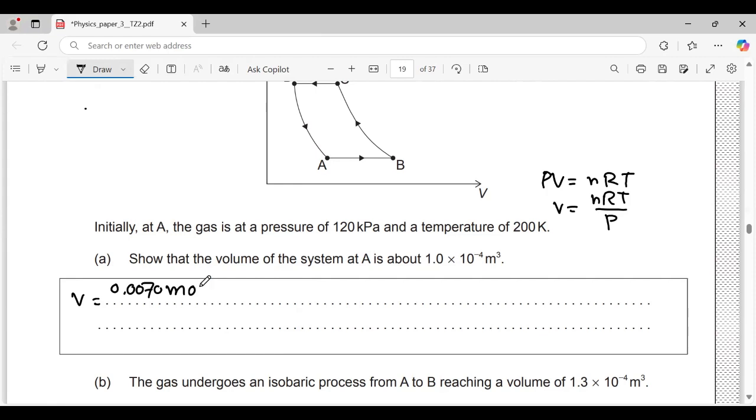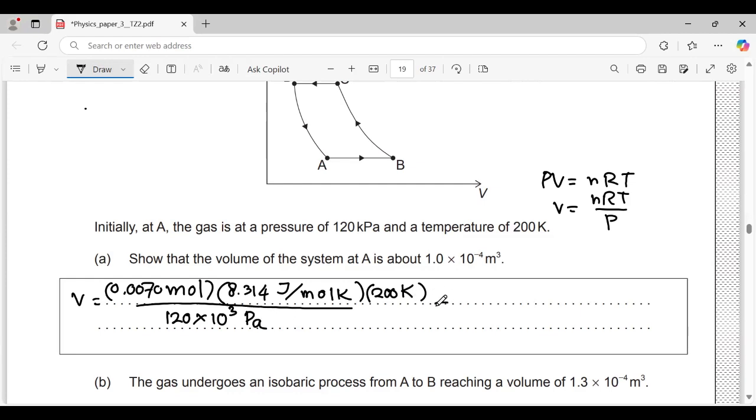0.0070 mole times 8.314. This is the ideal gas constant, and the unit is joule over mole Kelvin. Times temperature 200 Kelvin over 120 times 10 cube Pascal.